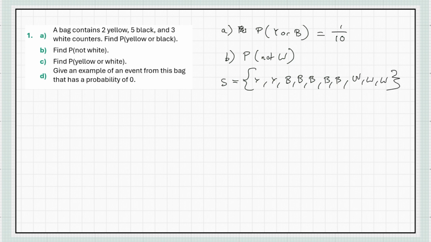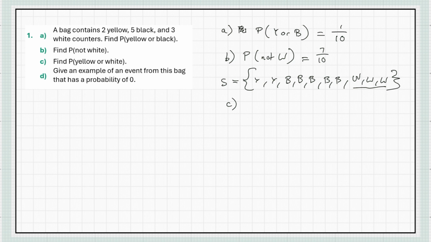That's the entire sample space, all the things that we can pull out of the bag. So when we are talking about not white, well, here's white, these 3 here. So not white is all of the rest. That means 7 out of 10 again, because only 3 of the 10 are going to be white.